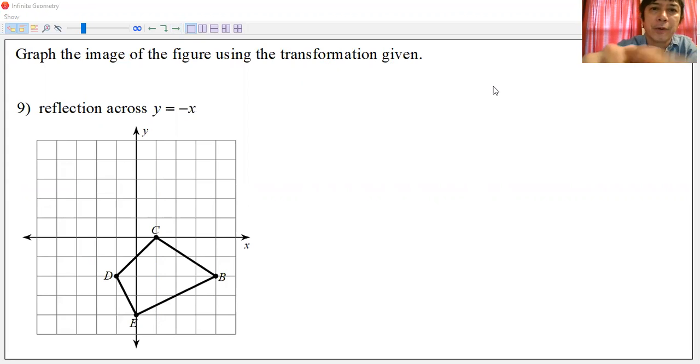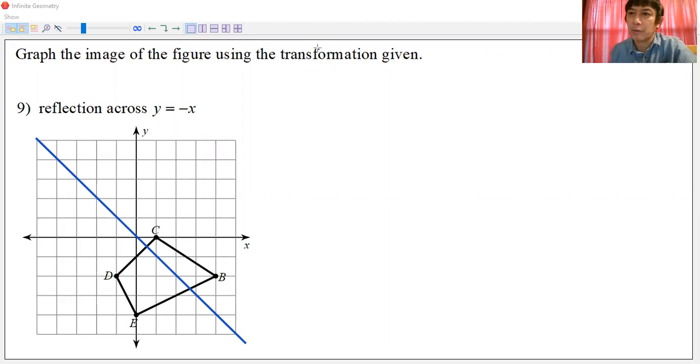Y equals -x. This time, this diagonal line is the one that divides the second quadrant and the fourth quadrant. So it's this line here. There. So we're going to reflect that black quadrilateral across y equals -x.